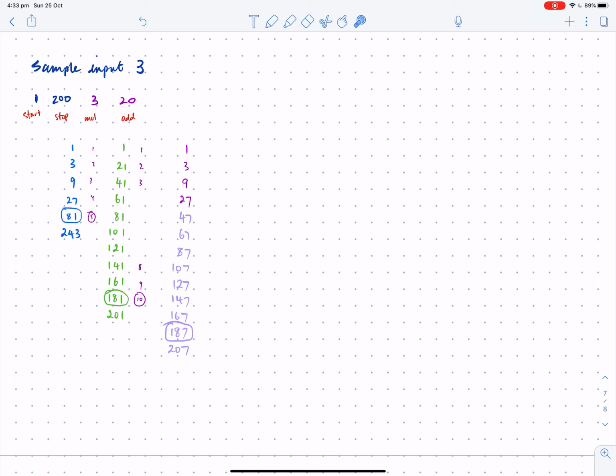But if we take the optimal approach, then we multiply: 1, 3, 9, 27. That's all multiplying. And now we switch to adding. And once we switch to adding, we never again go back to multiplying. That's the secret to this problem. Okay? We never switch again to multiplying.